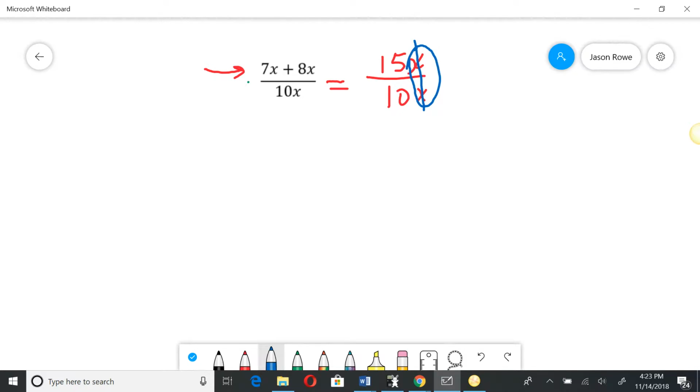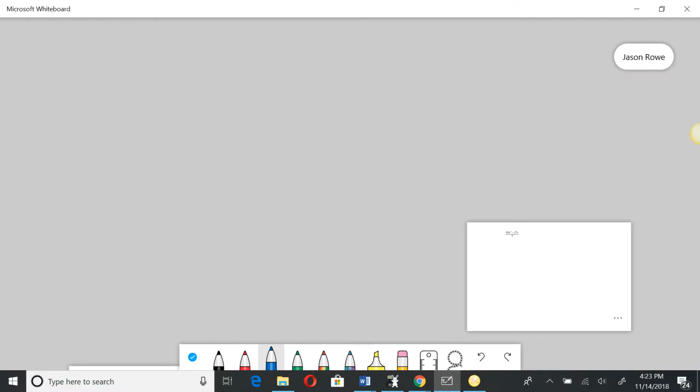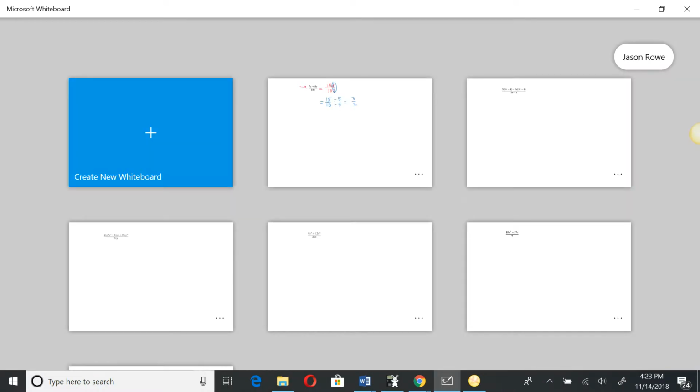They're going to cancel each other out for this particular problem, because no matter what x is, it's going to cancel out. And then all I've got to do is simplify 10 over 15 or 15 over 10. 15 over 10, if I divide by 5, will leave me with 3 over 2. And that's all you got to do. So that's real similar. I think that's number 1 in the lesson. But, like I said, I'm just going to do some examples to try to help you out here.